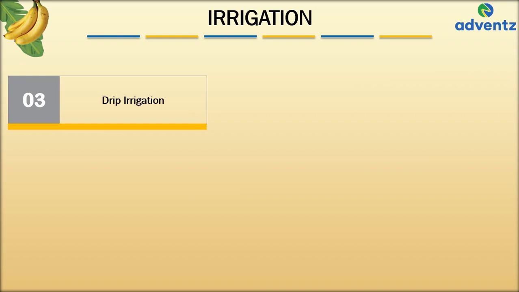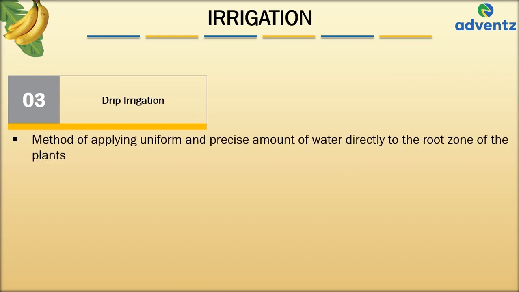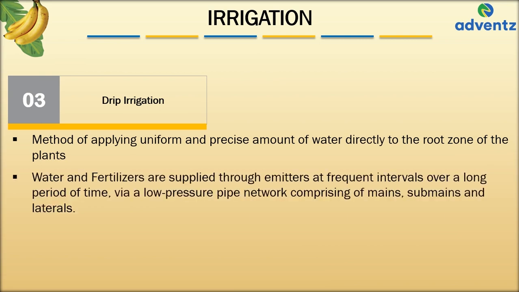It is the method of applying uniform and precise amount of water directly to the root zone of the plants as per the requirement. This application is run through emitters at frequent intervals over a long period of time via a low pressure pipe network comprising of mains, submains, and laterals.